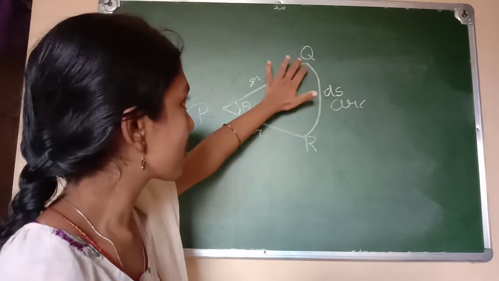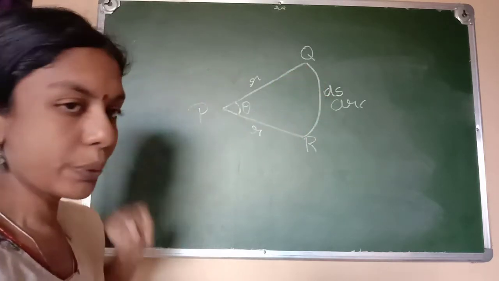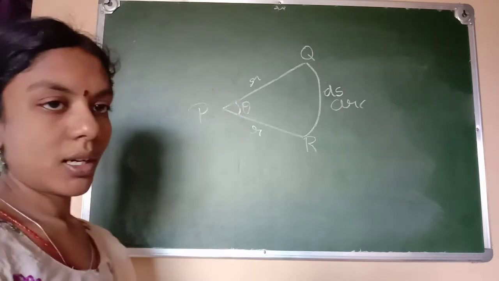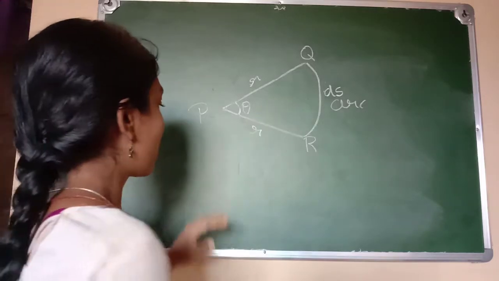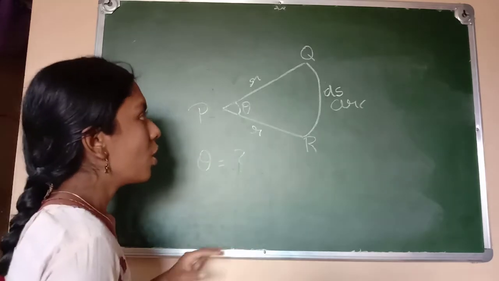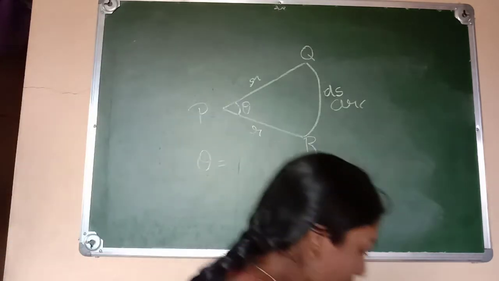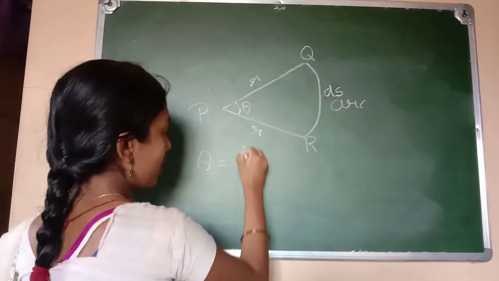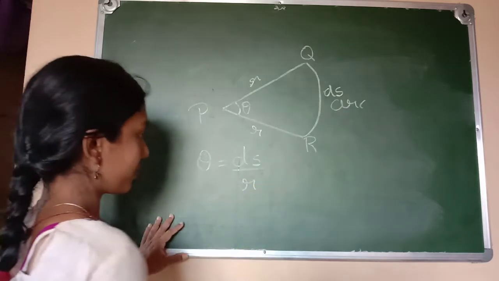The ds is the length of the arc, and this is the angle between the two radii. So there is a definition of measurement, like what is this angle subtended. So here you have ds. So the angle subtended here, theta, is given by ds by r.